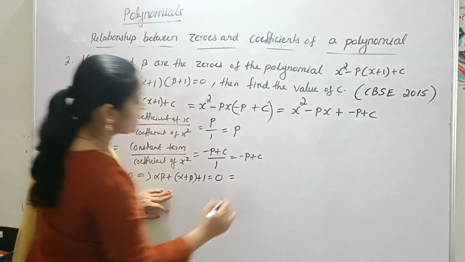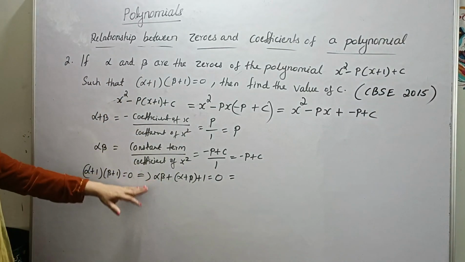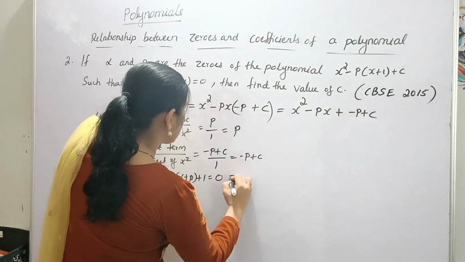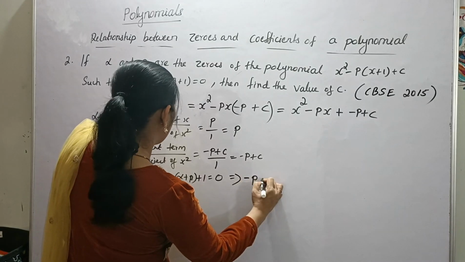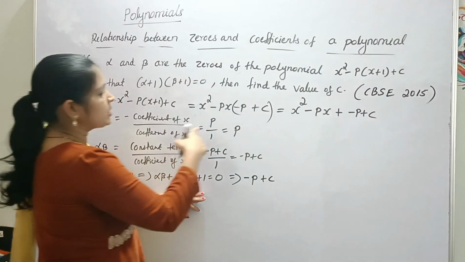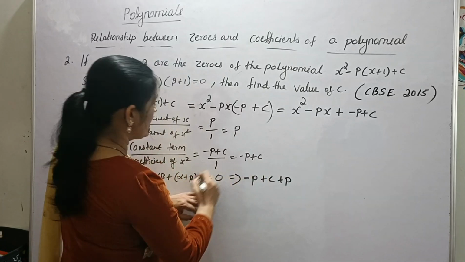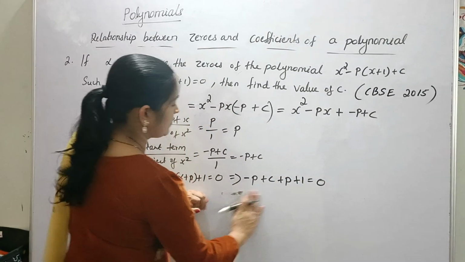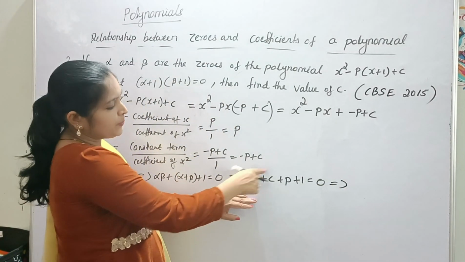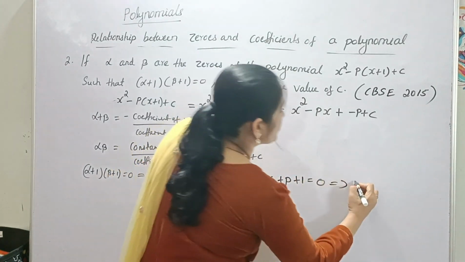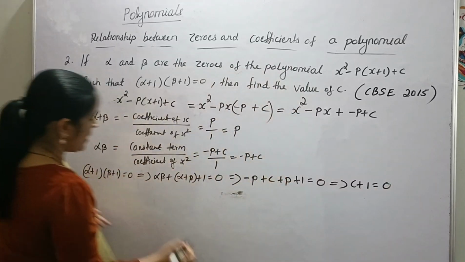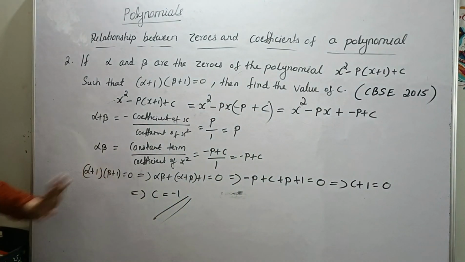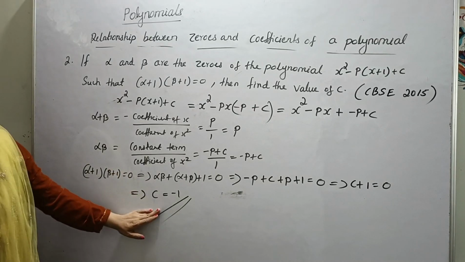Now let's substitute: alpha into beta is minus p plus c, alpha plus beta is plus p, plus 1 is equal to 0. That implies minus p plus p cancelled, c plus 1 is equal to 0. That implies c is equal to minus 1. We have got the value of c. C is equal to minus 1.